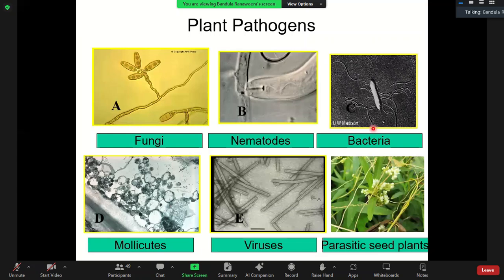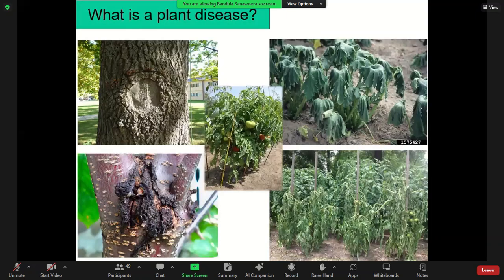But we can see the plant diseases appearing on our plants, and when they are showing some kind of expressions, we can consider that there is a disease in our plants. So now I have explained a little bit about plant diseases, and we can see different types of plant diseases appearing like this. See something different on these plants.